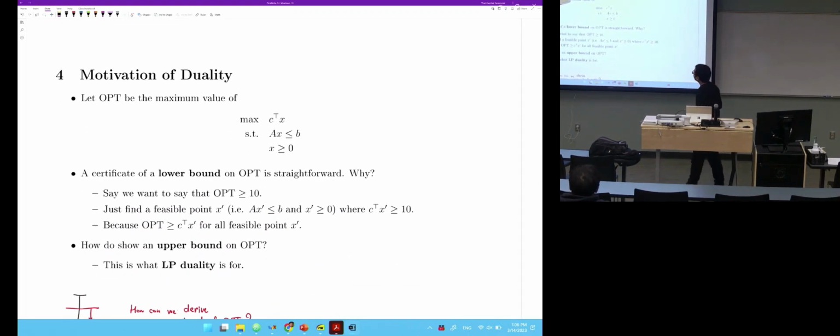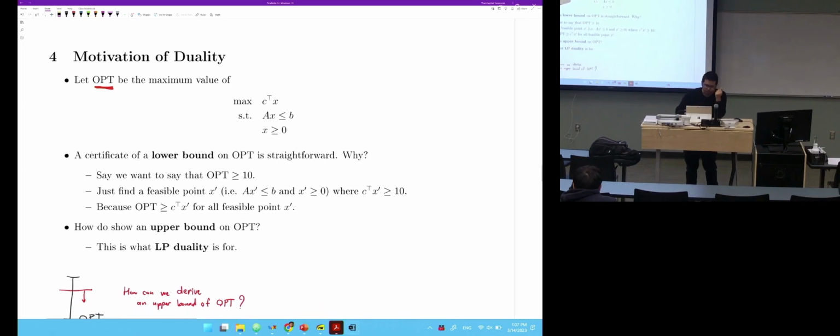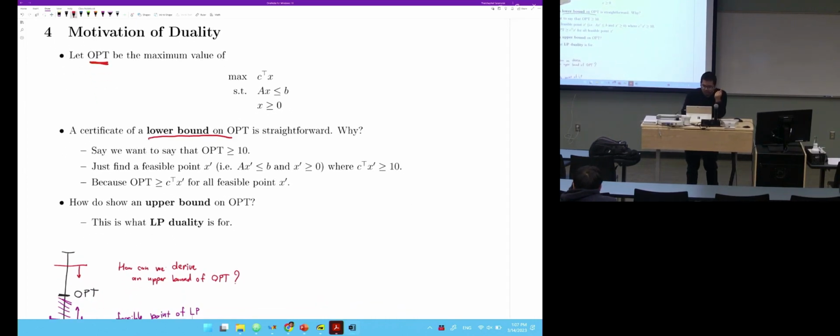Okay, so now what I want to do next is to motivate you to the concept of duality. This is a very important concept in CS, or even in mathematics. Let's say that from now on I use opt to denote the maximum value of this LP, the best objective you can get. Now suppose that I want to lower bound opt.